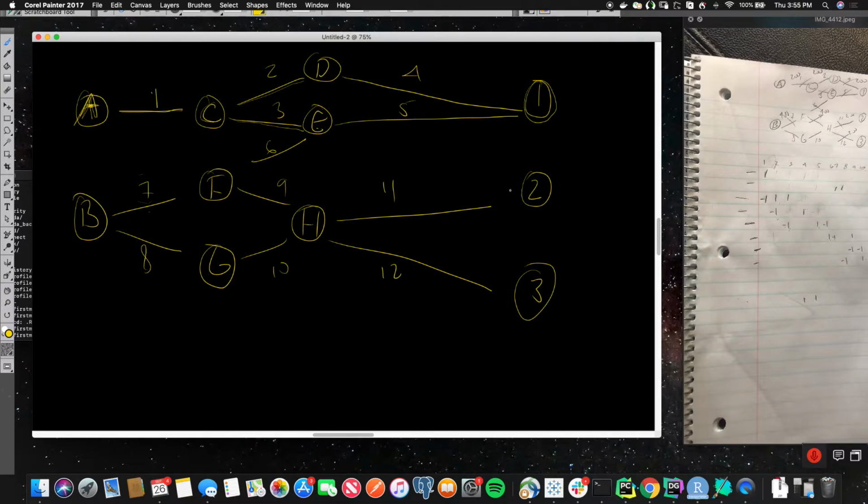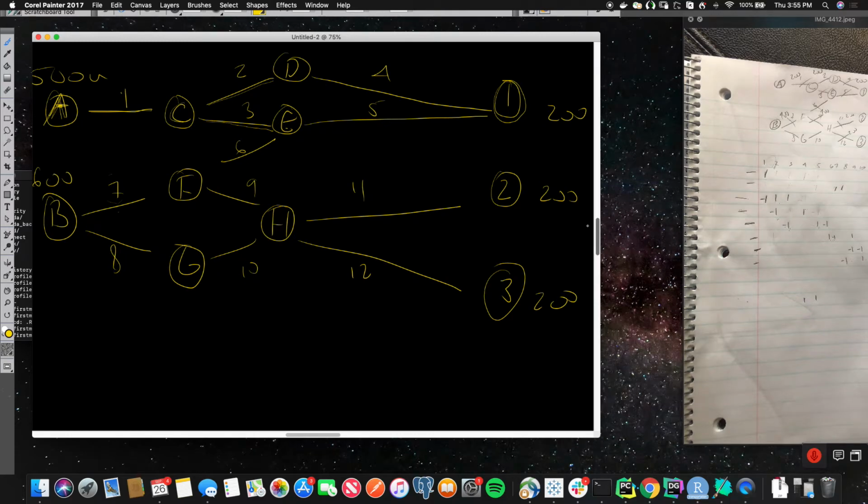So we're going to say at location A that we have 500 units of things. And then at location B, we have 600 units of things. And location 1 requires 200, location 2 requires 200, location 3 requires 200.